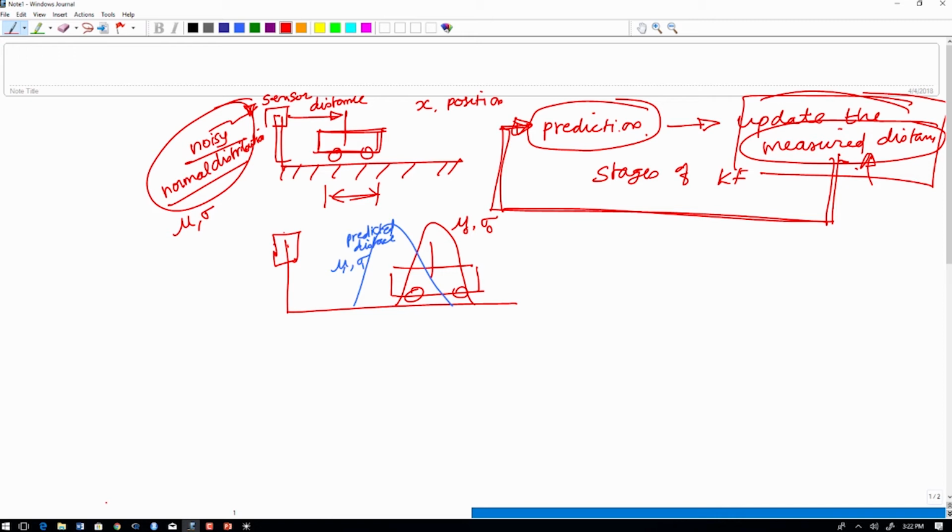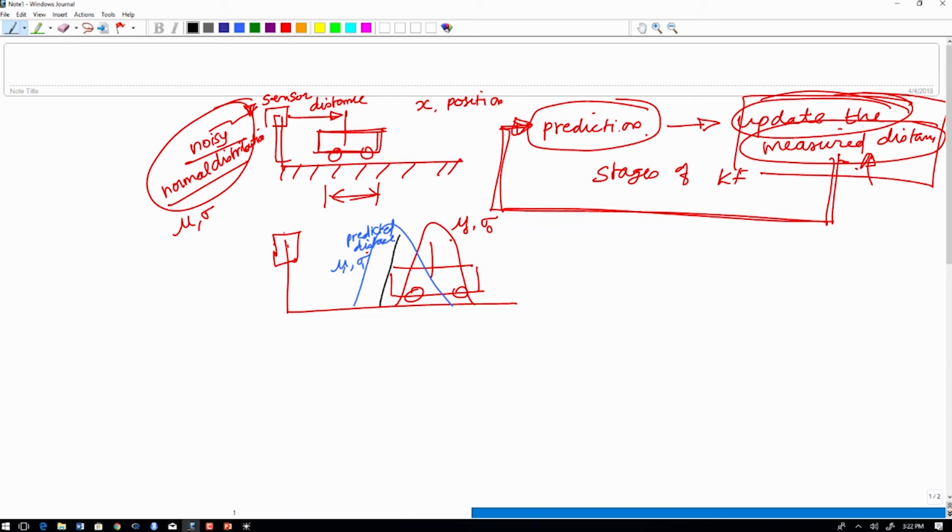Now, combining these two things, we need to do the updating. So, we have the measurement distribution, we have the prediction distribution. Combining those two things, we can update it, which can be yet another distribution. Let me put it in black.